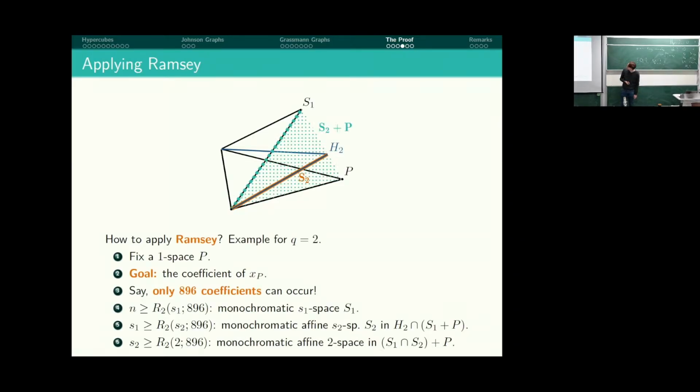And then we repeat that process. So here we have our monochromatic S2, and then we look for one more monochromatic 2-space in there. And what is the picture that we get here?